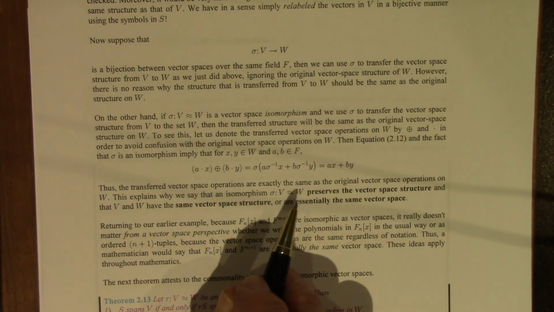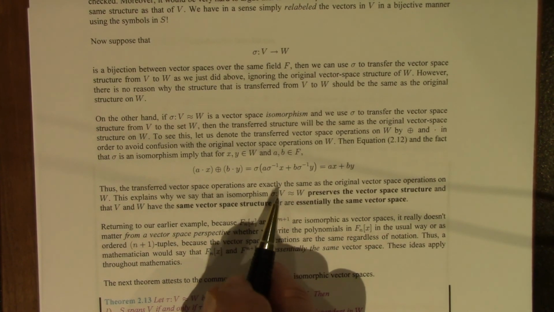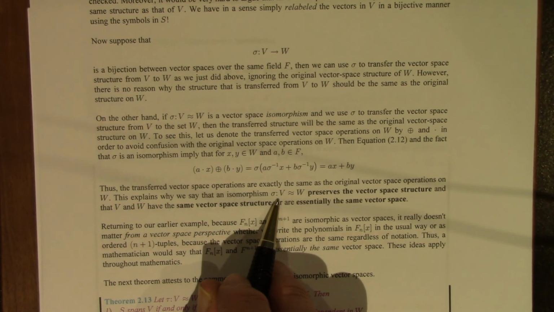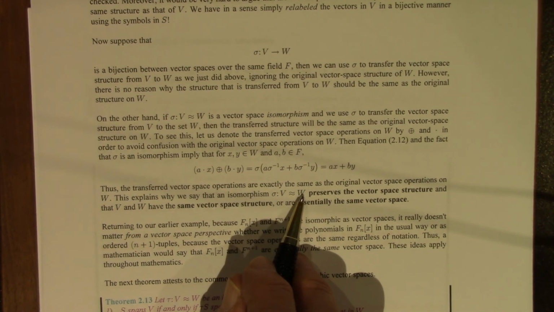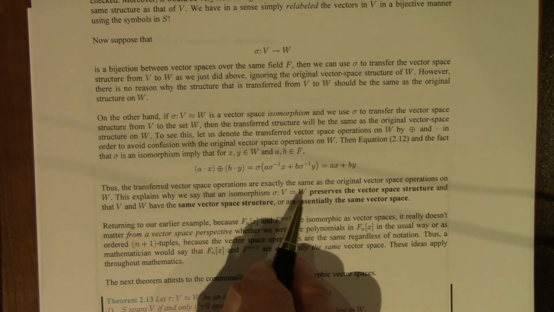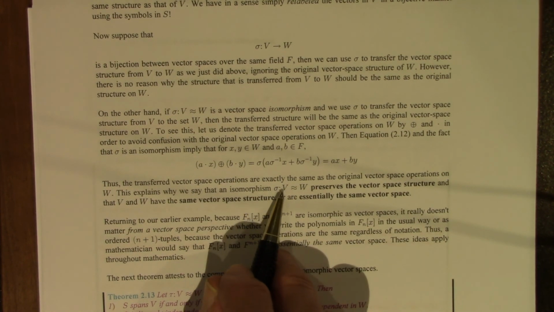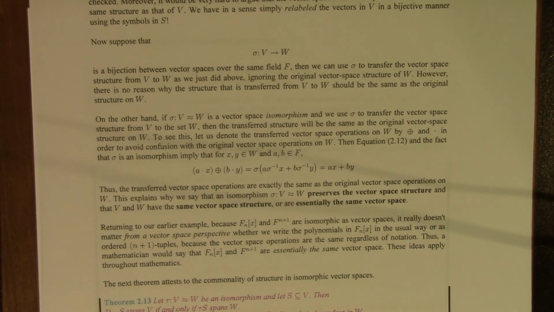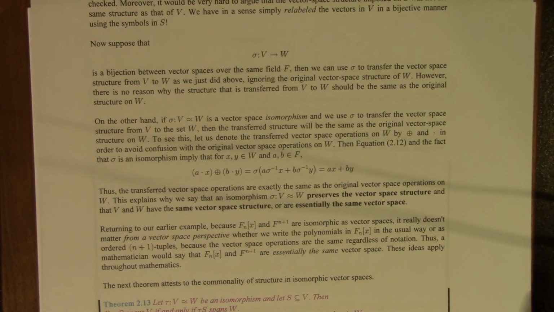This preserves the vector space structure because if we transfer the structure of V using sigma over to W, we get the structure that was already on W. And that's the preservation of the vector space structure. And that's why we say that V and W are essentially the same vector space. Just a relabeling.